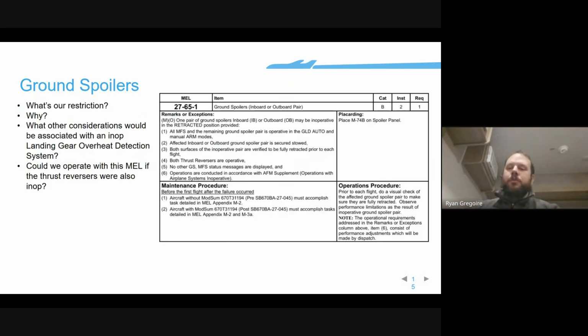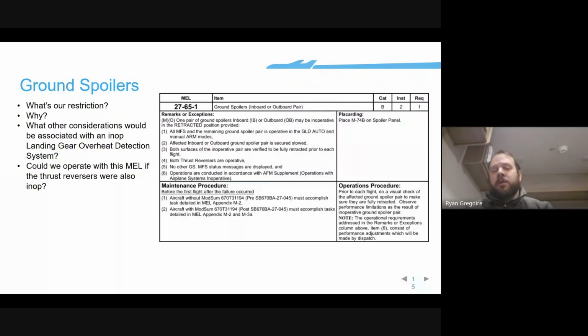So when we do our takeoff and landing performance calculations, we'll see a performance restriction there that could look like either additional runway length required or a weight restriction if the required runway length is not available.